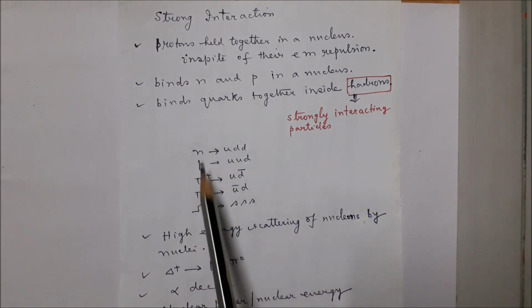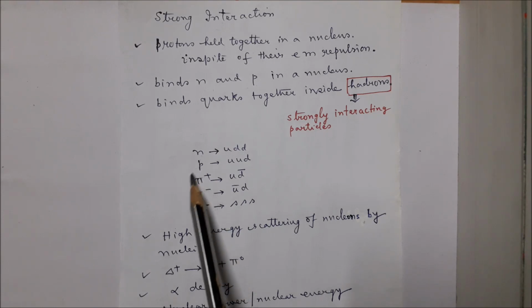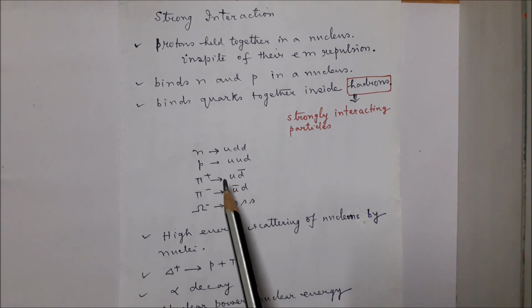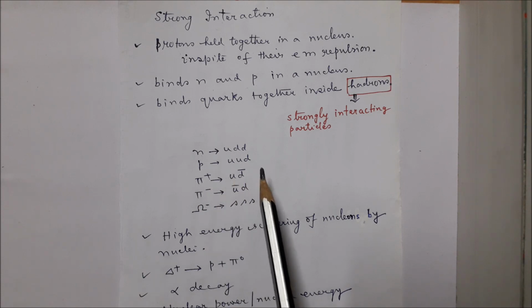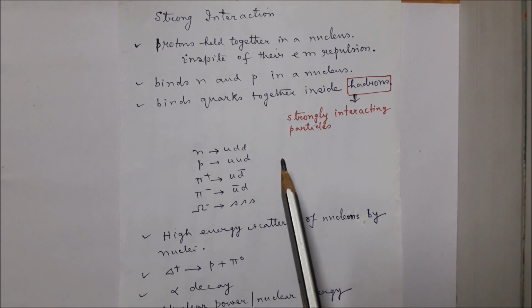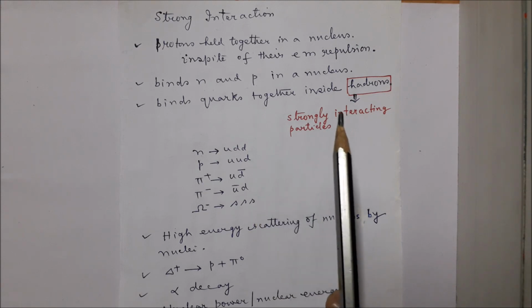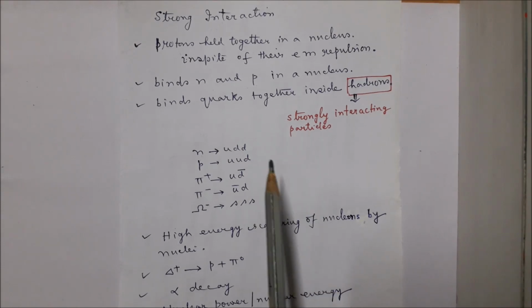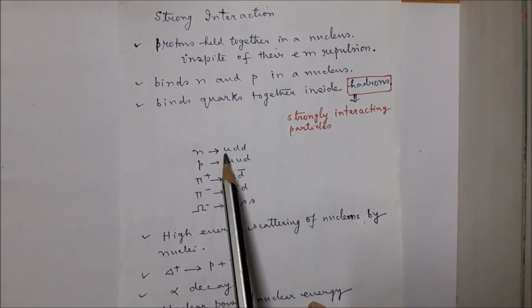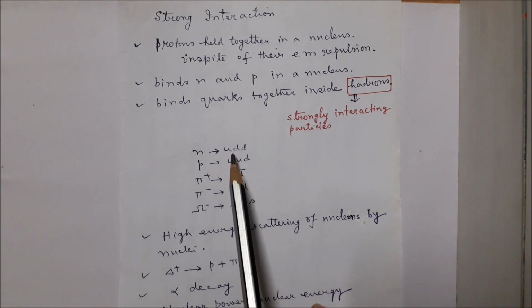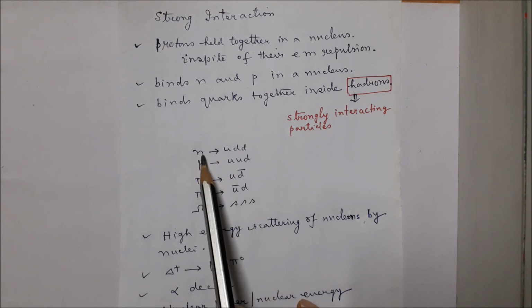Again, protons and neutrons and some other elementary particles are built out of constituents called quarks. We will not discuss them here; we will do so in a later lecture. The three constituent quarks U, D, D are tied up together to form a neutron.